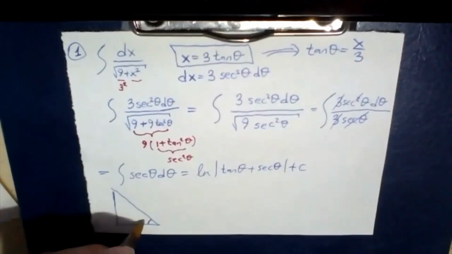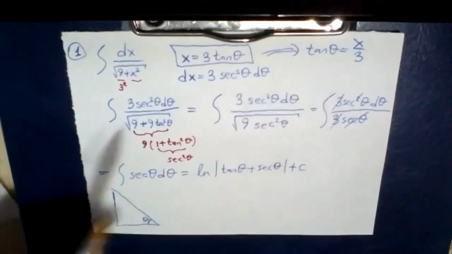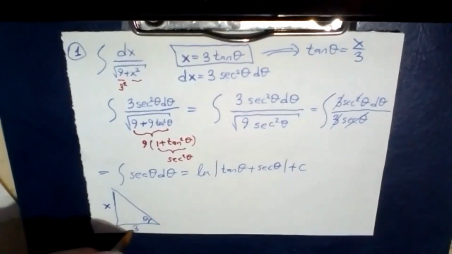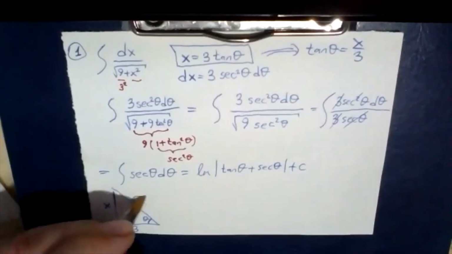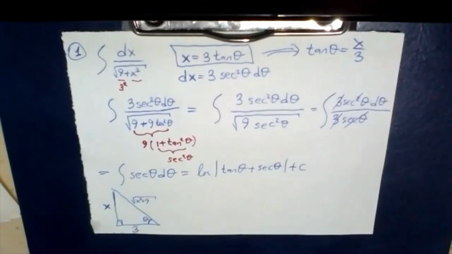So if this angle is theta, to satisfy tangent theta is equal to x over 3, the length of this side should be x and this side should be 3. By Pythagoras theorem, the hypotenuse should be square root of x squared plus 9.